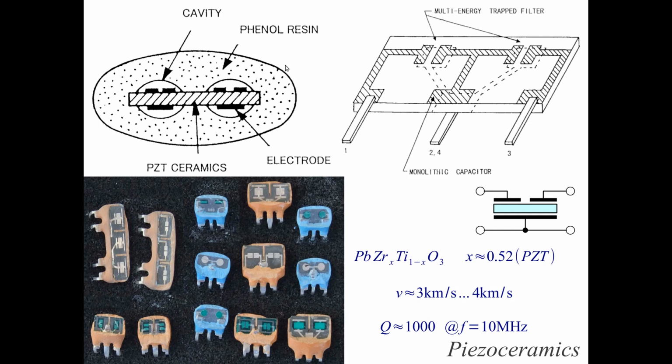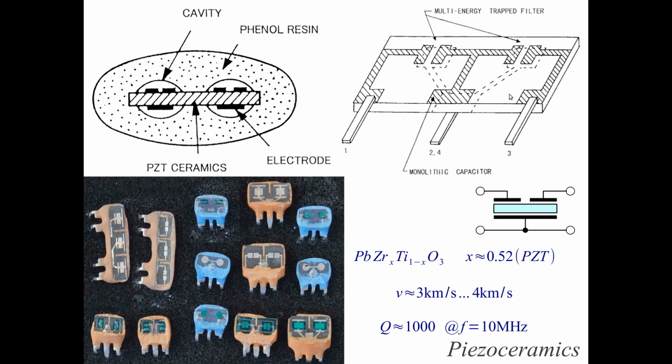But before using this ceramic, we have to polarize it by applying a strong electric field, say voltages in the range of 50 to 100 kilovolts DC, to the ceramic plate. And then they exhibit quite a strong piezoelectric effect.